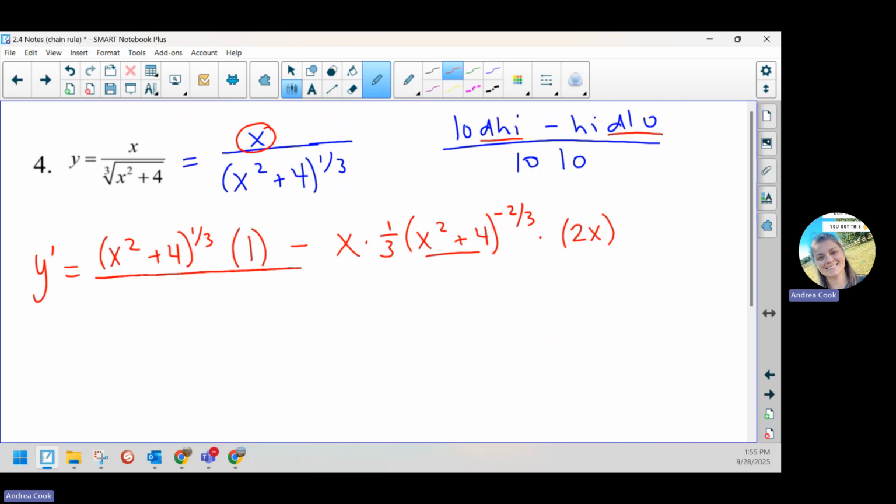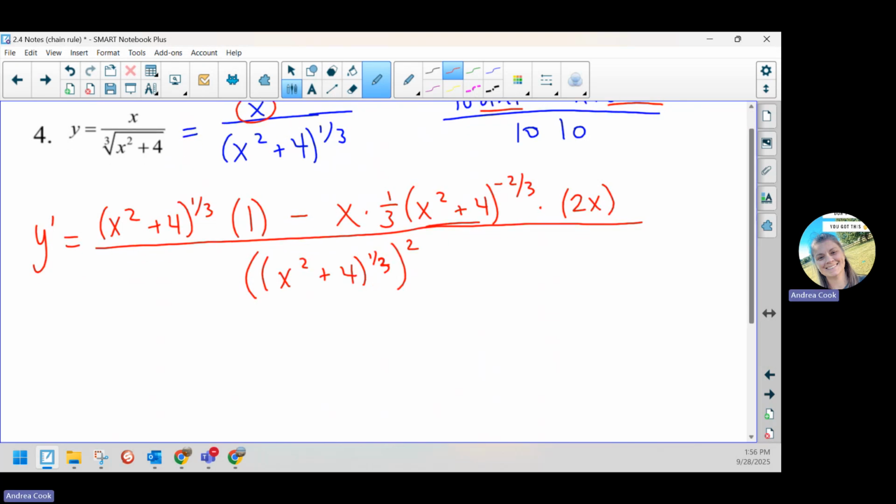And then it's all over low, low. So the denominator squared. Okay, so again, low d high minus high d low all over low low. Here, again, we have some ugly looking stuff.